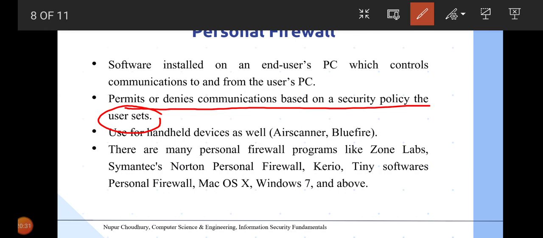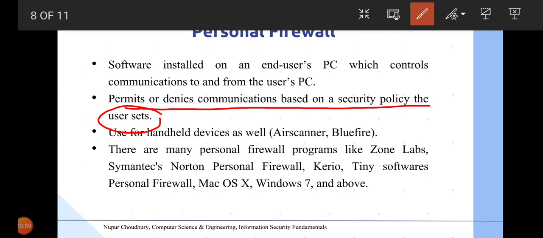So it is used for handheld devices as well, like Air Scanner, Bluefire, etc. Sometimes we can ourselves set the guidelines for our own machines. Those types of firewalls are known as personal firewalls, and whatever the user sets would be implemented in case of communication from the user's PC to some other PC.